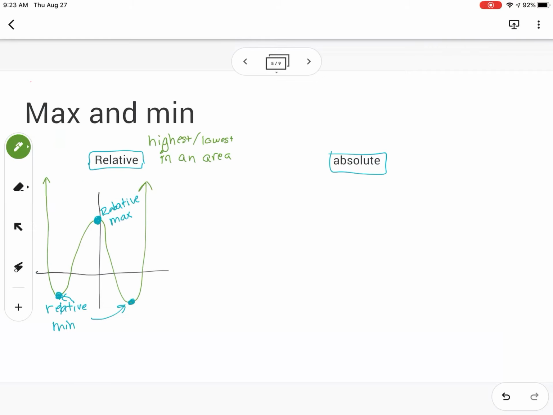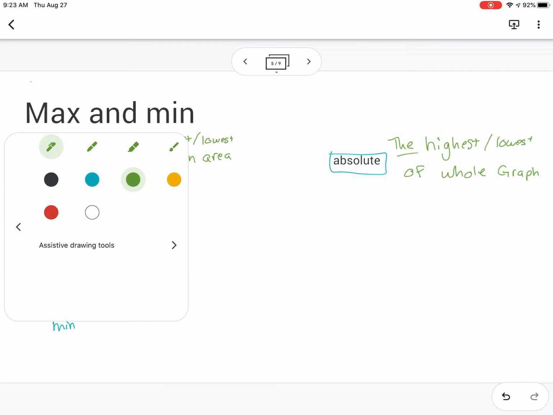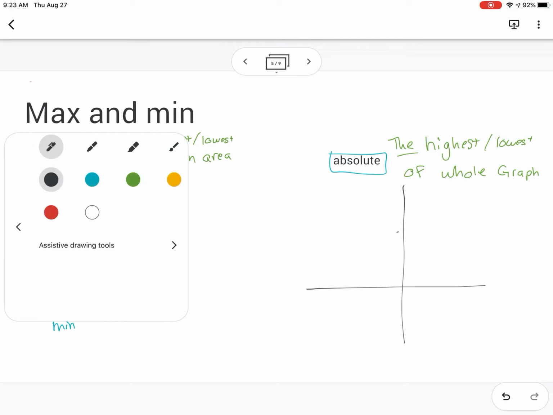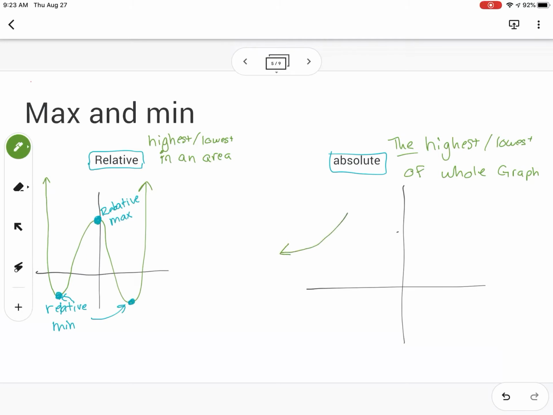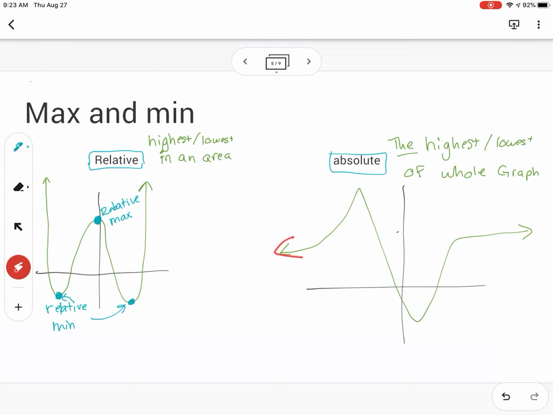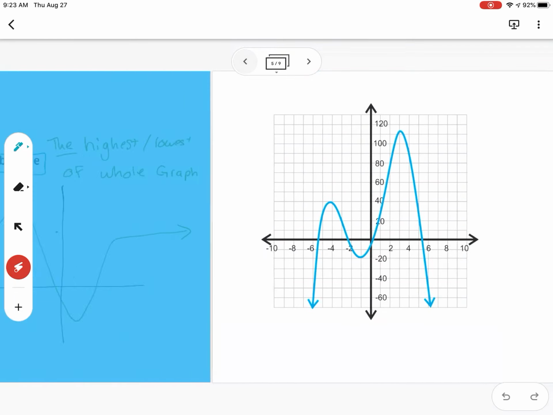Absolute is when it's the highest or lowest point of the whole graph. So I'm going to draw an example maybe. So maybe this graph. These arrows now are going side to side, right?